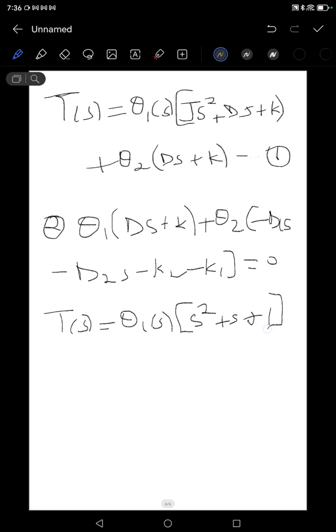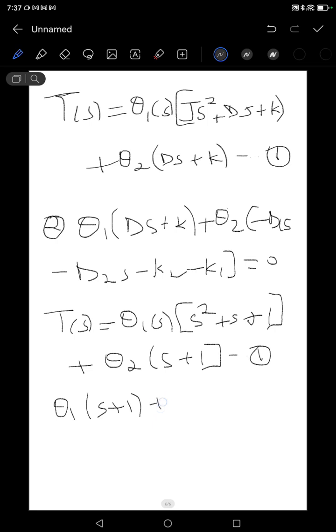Okay, like this, plus theta 2 into S plus 1. Okay, we were substituting the values of D and the K and J. And then for equation 2, is going to be theta 1 into S plus 1.